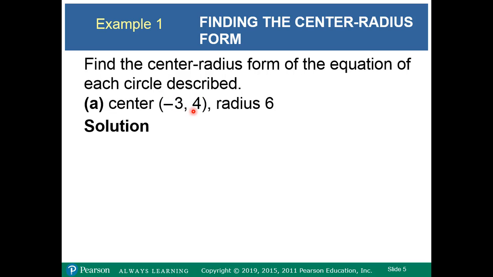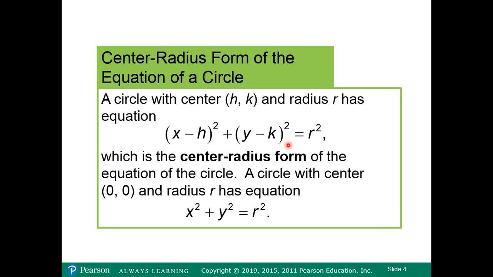And then we're going to have y minus k, which is 4, so y minus 4. So those are both squared. By the way, notice that this is very similar to the Pythagorean theorem, a squared plus b squared equals c squared.